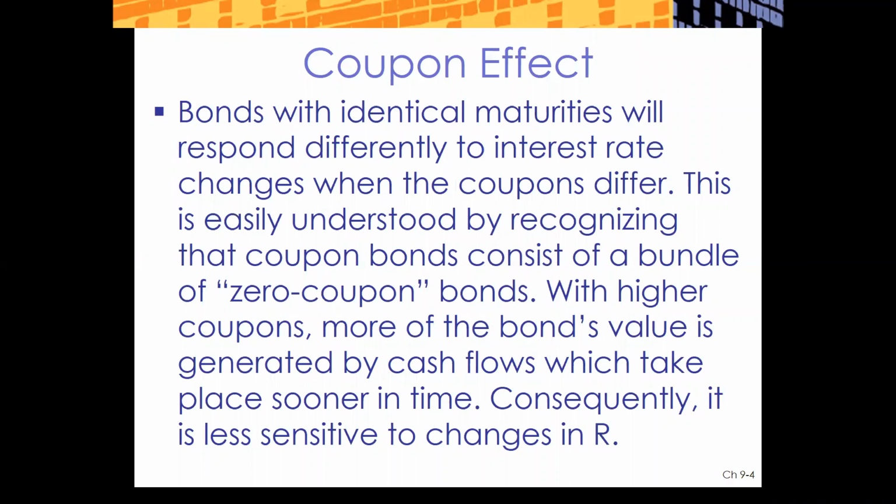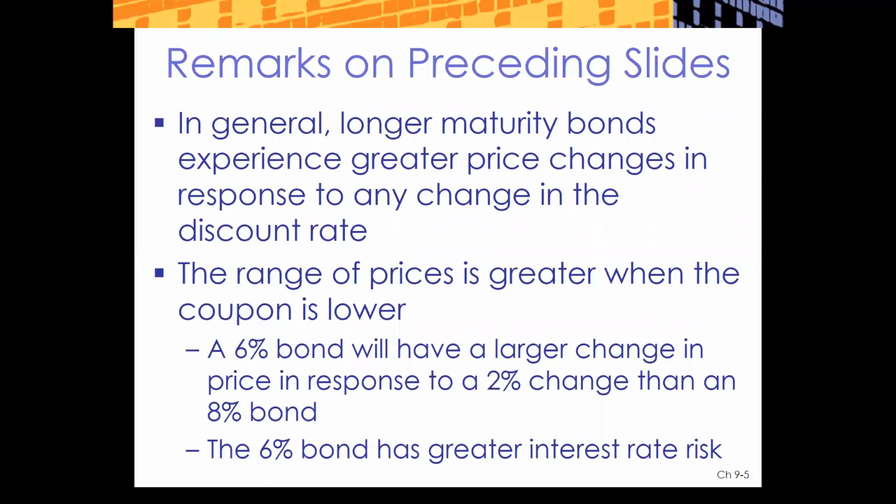So bonds with identical maturities will respond differently to interest rate changes when the coupons differ. This is easy to understand by recognizing that coupon bonds consist of a bundle of zero coupon bonds. With higher coupons, more of the bond's value is generated by cash flows which take place sooner in time, and consequently it is less sensitive to changes in YTM.